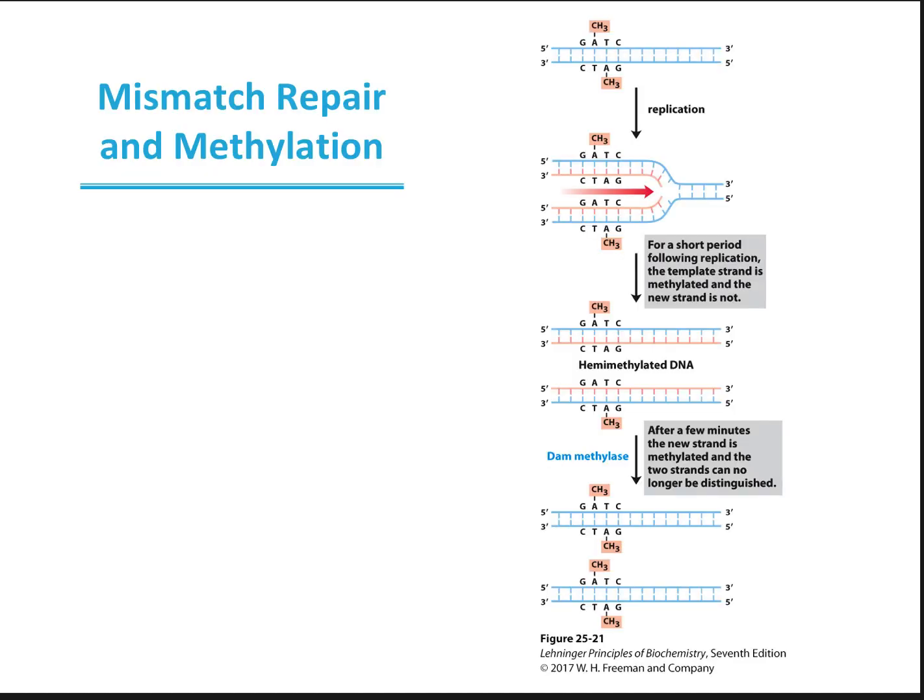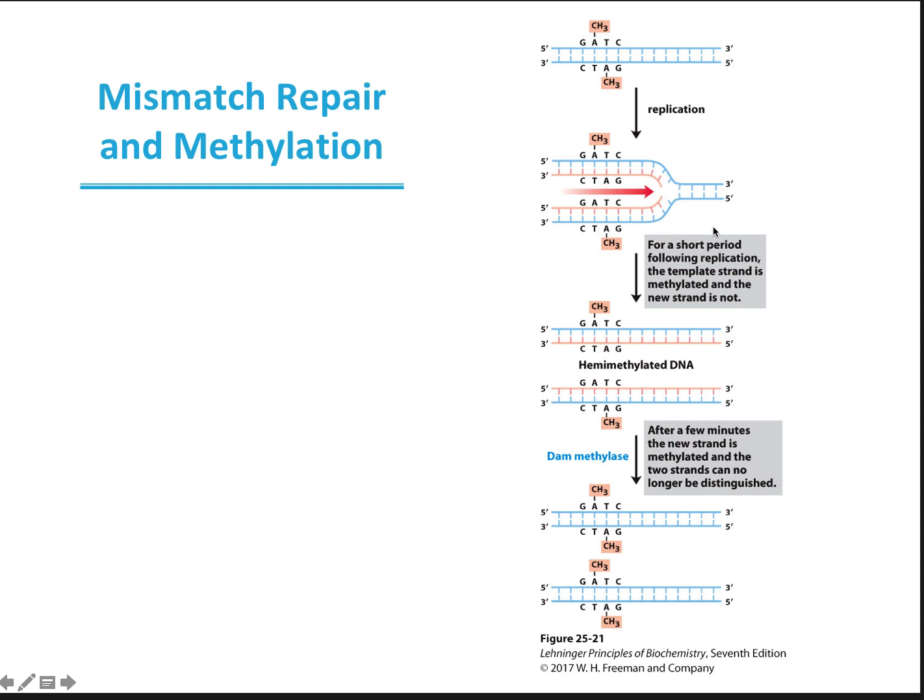And so here is a figure of the mismatch repair and methylation process. Here we see that the parental strand is fully methylated, so it has a methyl group on both strands. After replication, we see that the daughter strand is not methylated, and again, the parent strand is.